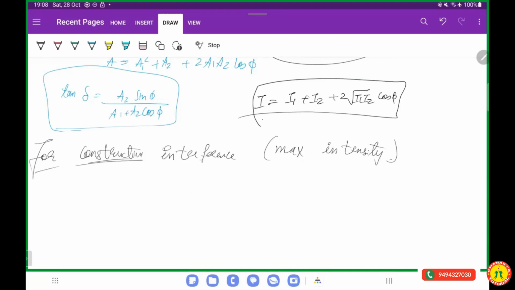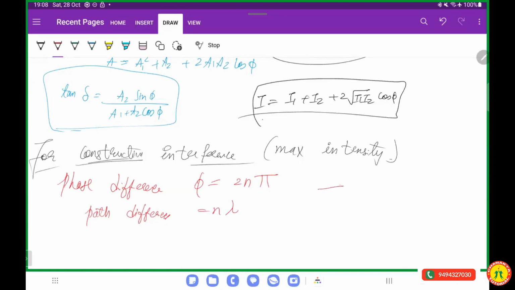So the phase difference phi equals 2n pi, and the path difference will be n times lambda, the wavelength.